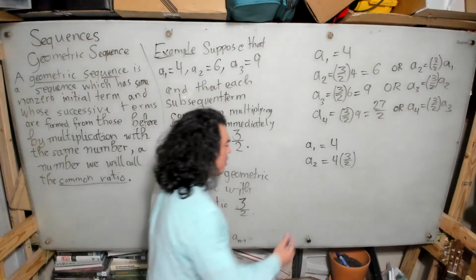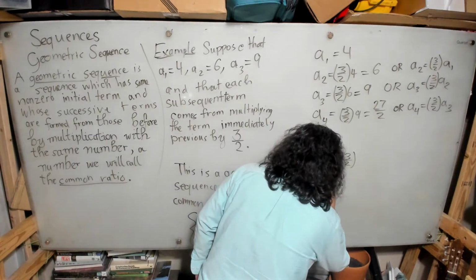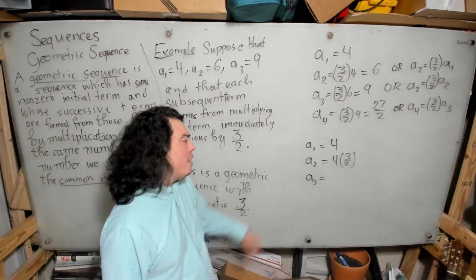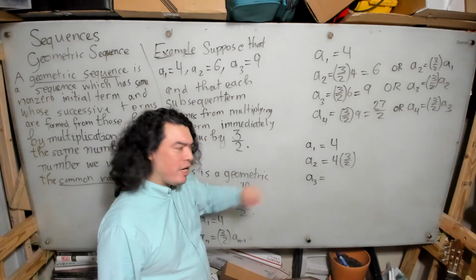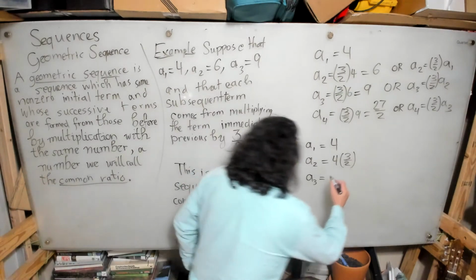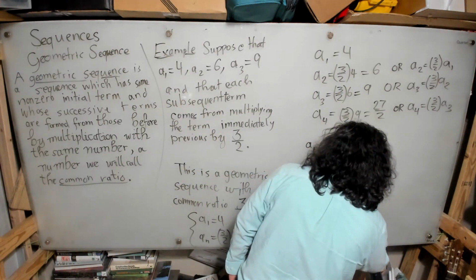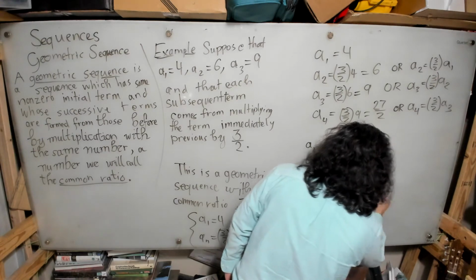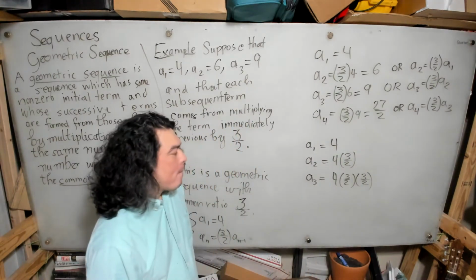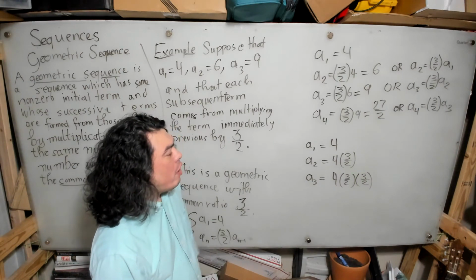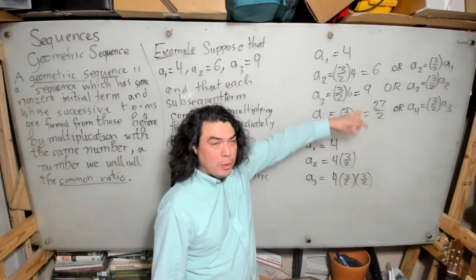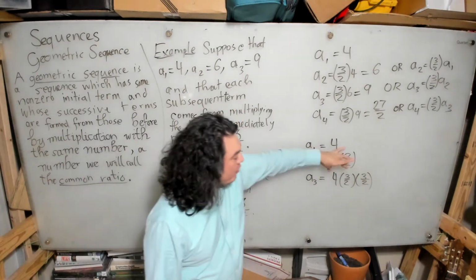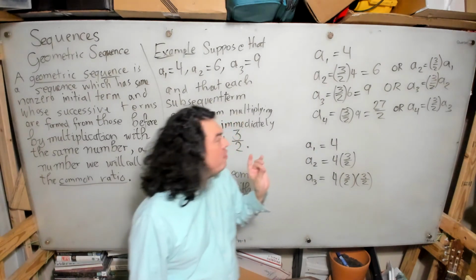We get it by multiplying the second term by 3/2. That gives us 4 times 3/2 times 3/2. Of course, I could have simplified this and gotten 6, and then 6 times 3/2 would have given me 9.